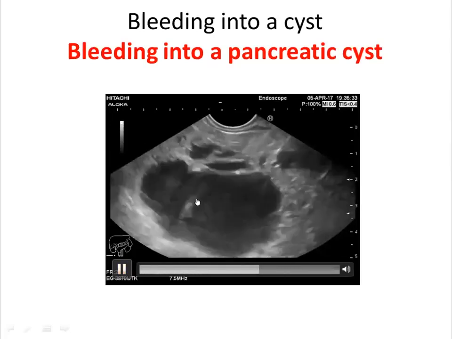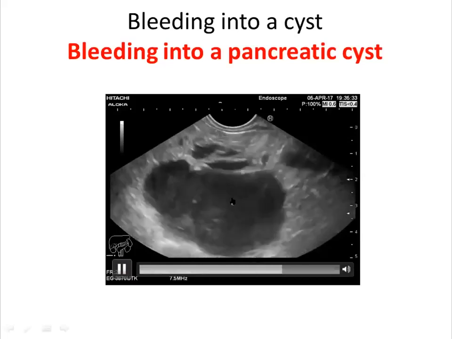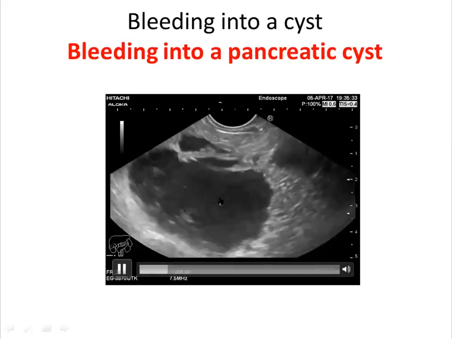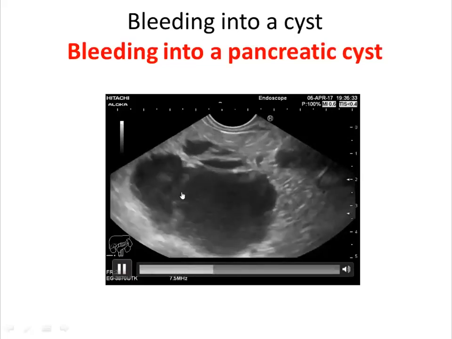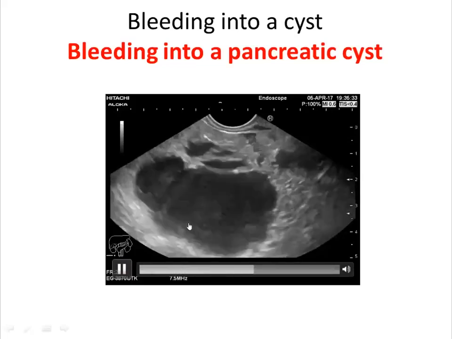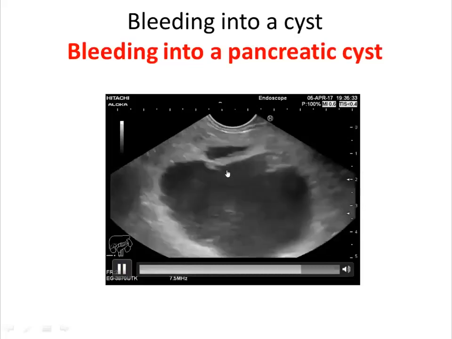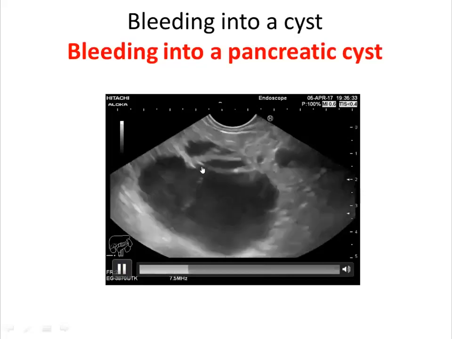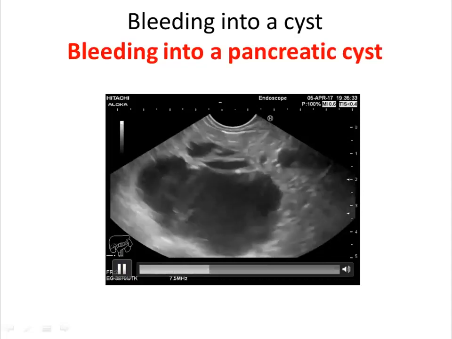Don't be afraid, don't panic. This bleeding will stop in nearly 100% of cases, because as I told you before, the increased pressure will compress the bleeding vessel, whether venous or arterial.